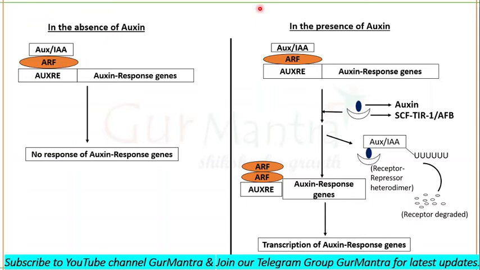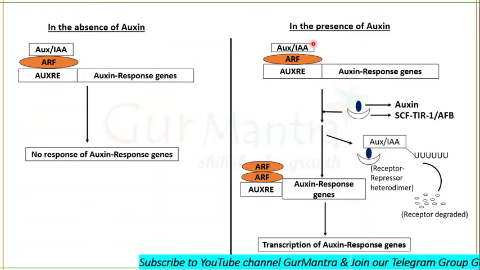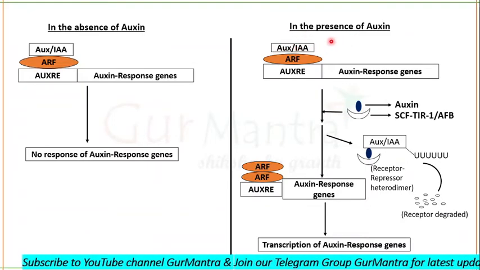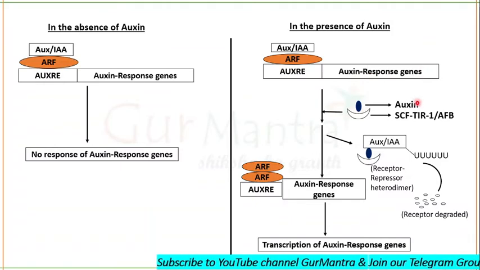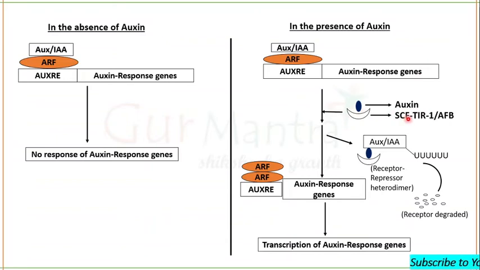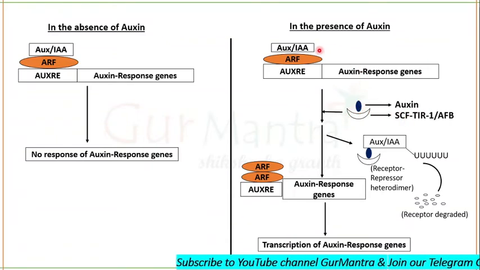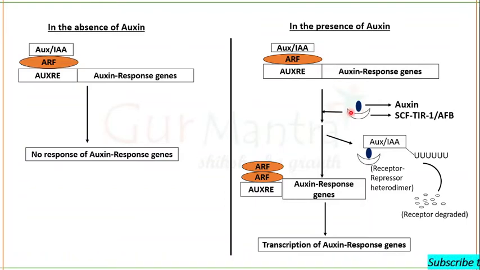What happens in the presence of auxin? See, in the presence of auxin, this auxin repressor will be removed. How? These are our auxin response genes, a similar setup. But then there is the entry of auxin and it binds to its receptor SCF-TIR1/AFB. Auxin has the ability to recognize this AuxIAA repressor.